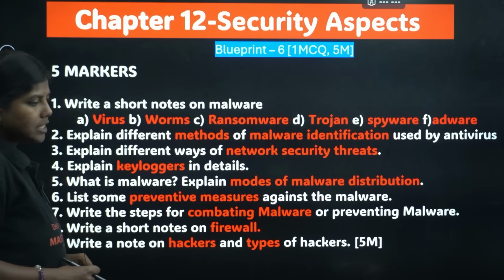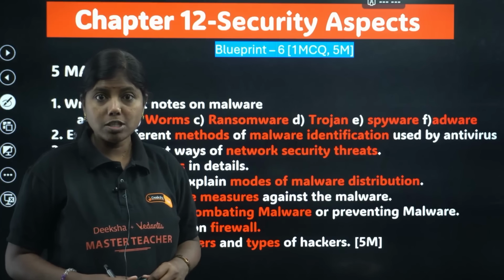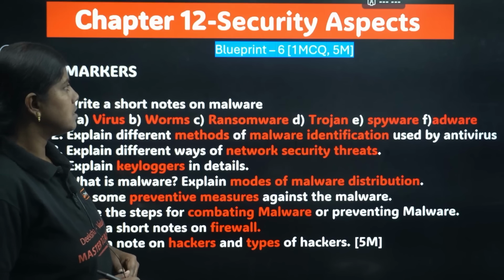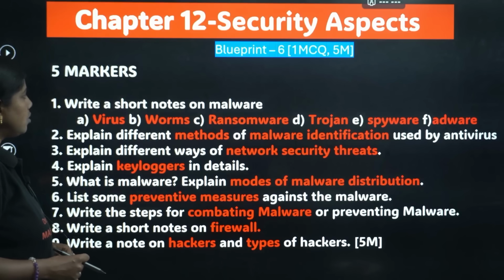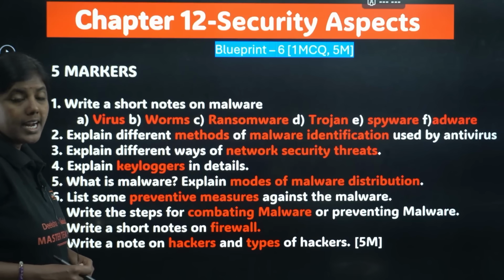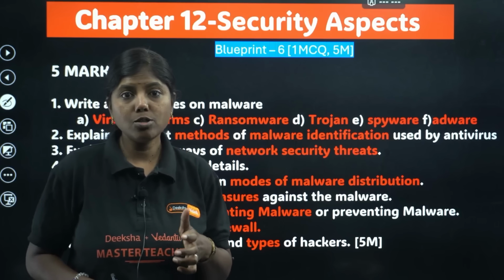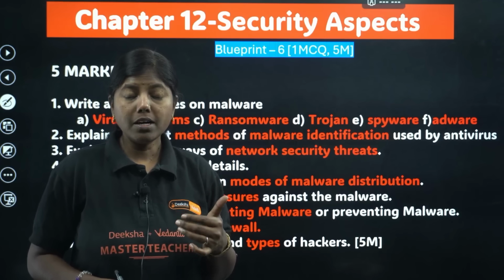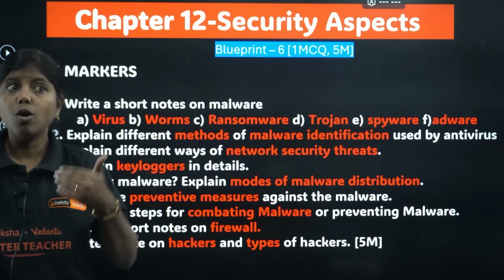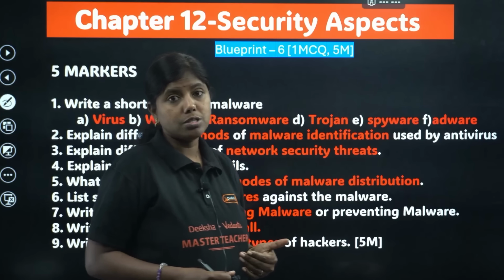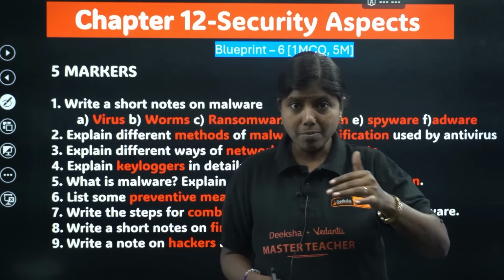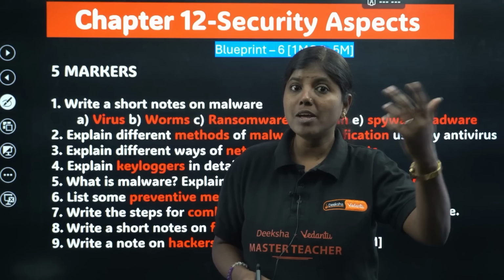So we have the last chapter, that's the security aspects. This chapter carries 6 marks: 1 MCQ and 1 five-marker. What are the questions? Different types of malware. They may ask you for 5 markers or 3 markers, or this question may crop up in MCQs.